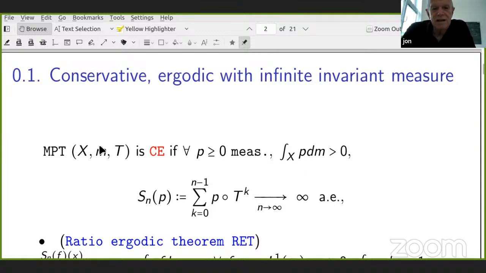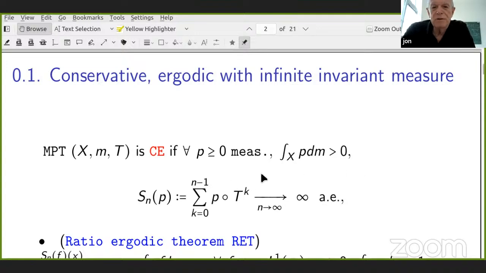So we have this kind of thing, a ratio ergodic theorem: if I take the ratios of the Birkhoff sums, then they behave the same almost surely at each point. That's the ratio theorem. This is Hopf, or I think this is Stepanov. Hopf did it for the case when it is conservative but not ergodic.